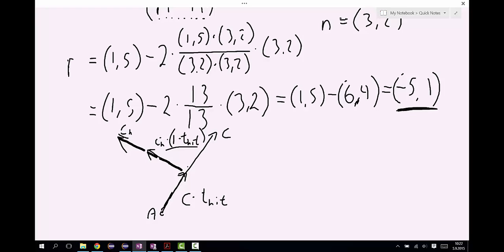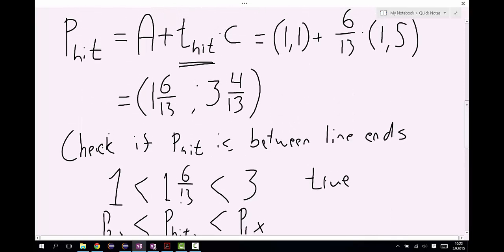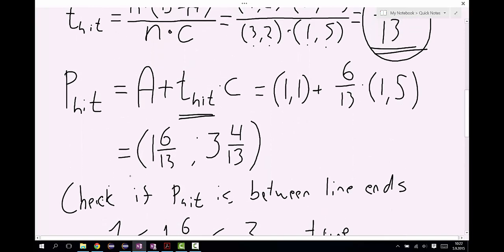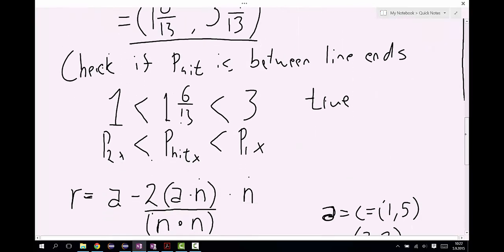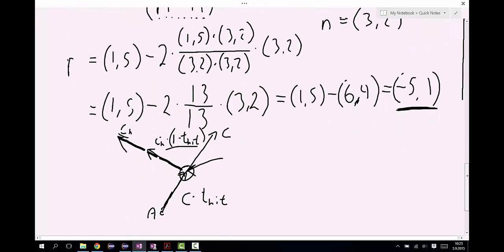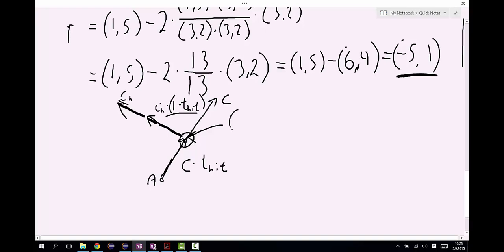So we know that after traveling c times t hit, it'll be at the hit point. We've already calculated that. It's here: 1 and 6/13, 3 and 4/13.